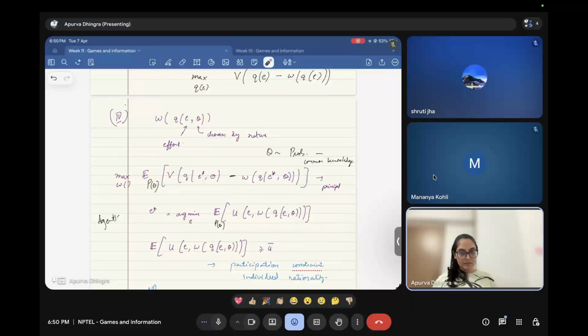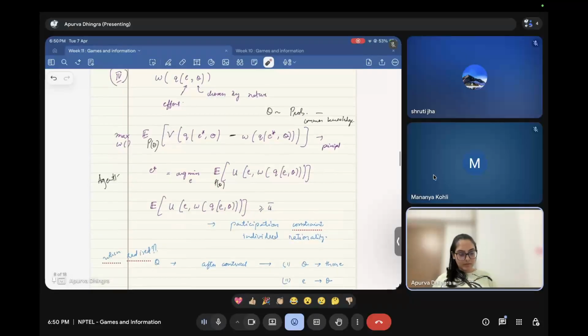And because this is the utility for the agent, and because we're now talking about the presence of some uncertainty, expectation is what we should be taking. The participation constraint would be that this should be more than whatever u bar is, their reservation utility. Another way of saying this is that the agents are individually rational.